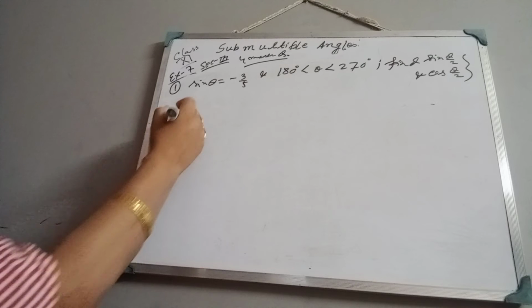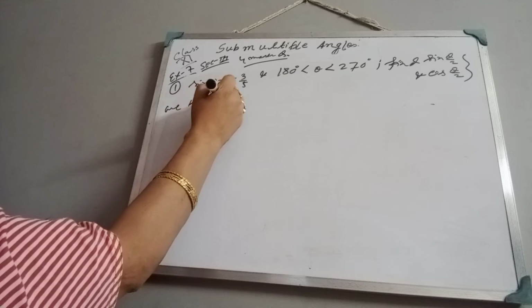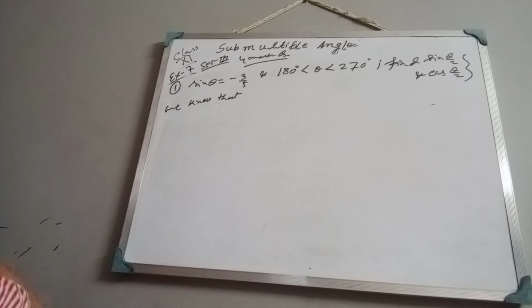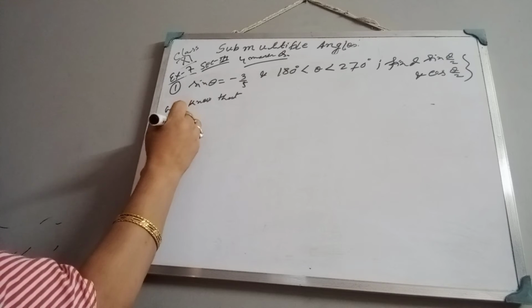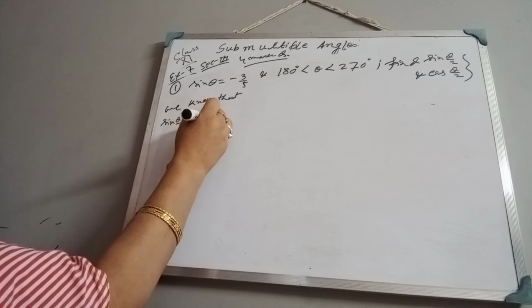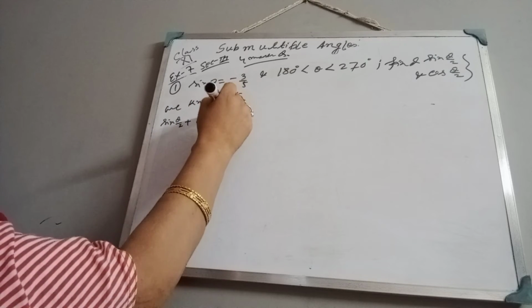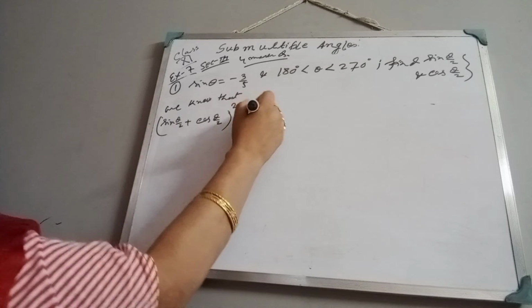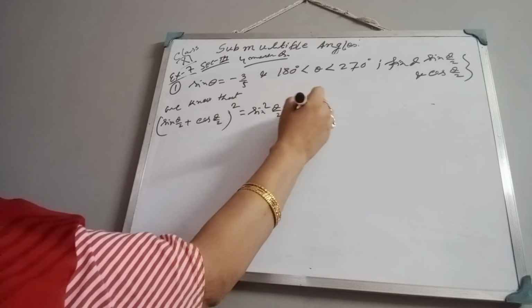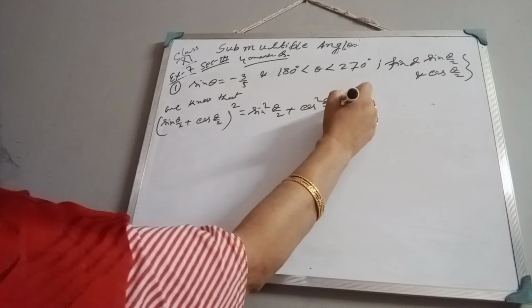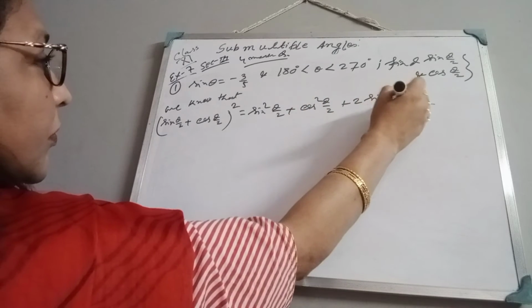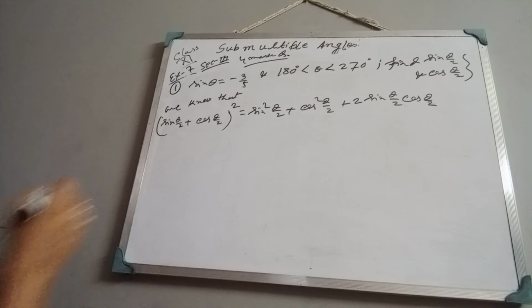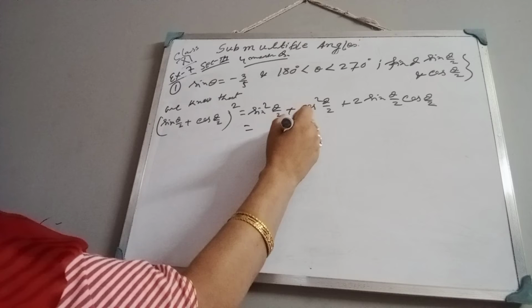Now, we know sin theta by 2 plus cos theta by 2. Now sin square this plus cos square this is 1.